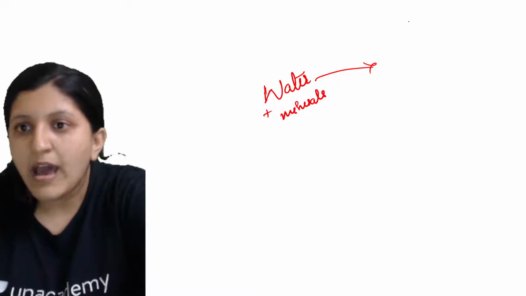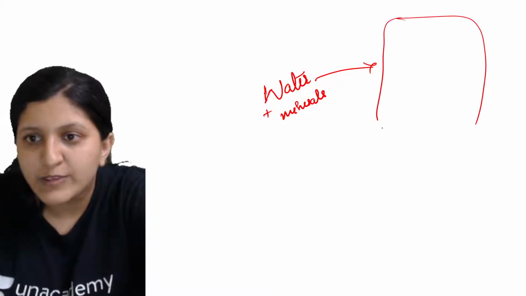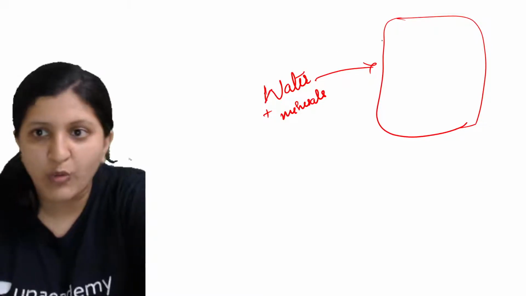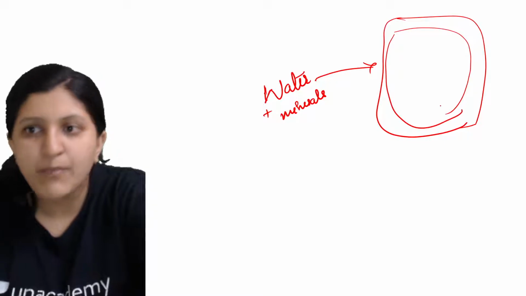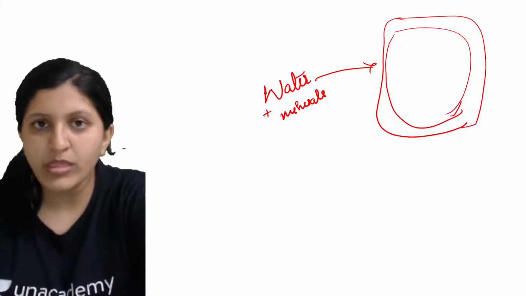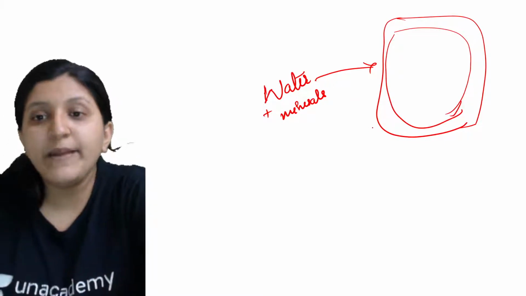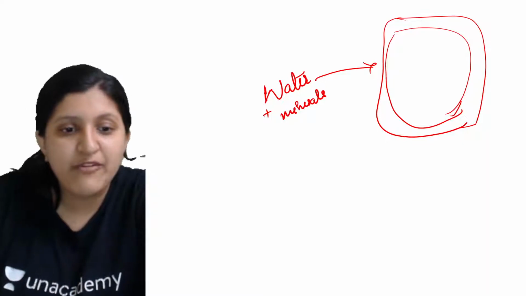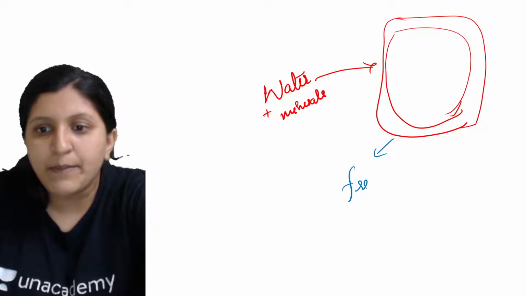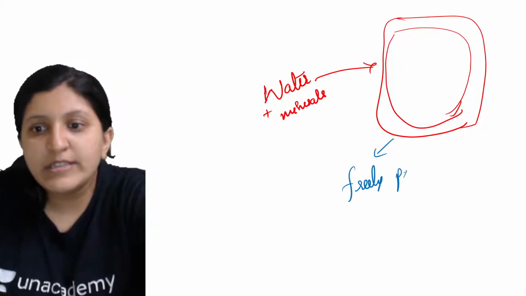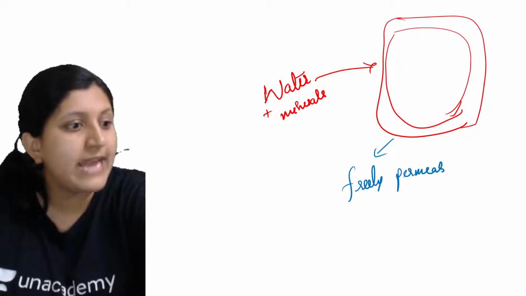Now there is the plant cell, and this plant cell is taking that water. There is a cell wall, then you can see a cell membrane inside. So what do we say about this particular cell wall? It is freely permeable. That means what?